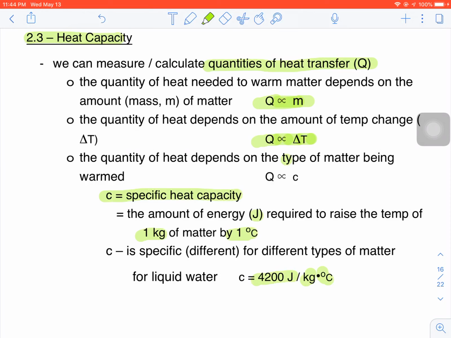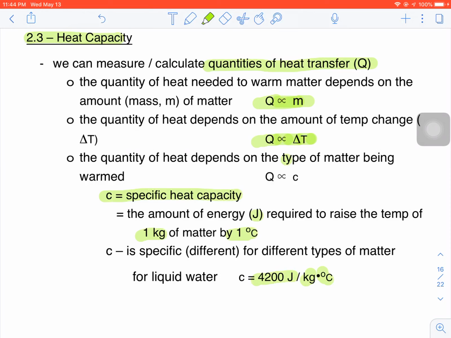That's what C is. Now, if I want to raise the temperature of 2 kilograms, I'll need twice as much energy, but this is the amount that's going to be used as our baseline for joules required per kilogram per degree Celsius.